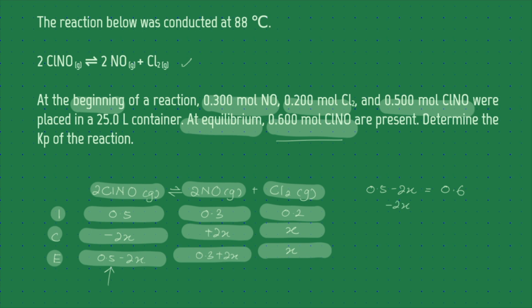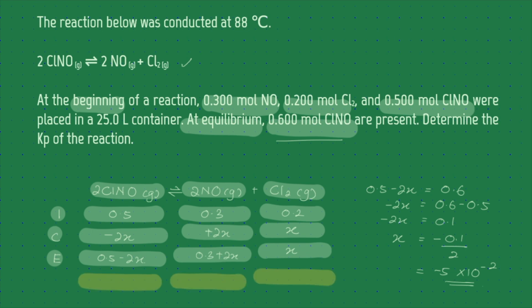Therefore, minus 2x is equivalent to 0.6 minus 0.5, and your minus 2x is equivalent to 0.1. Hence, your x is equivalent to minus 0.1 divided by 2, which is minus 5 times 10 to the power of negative 2. So you already get the value of x.